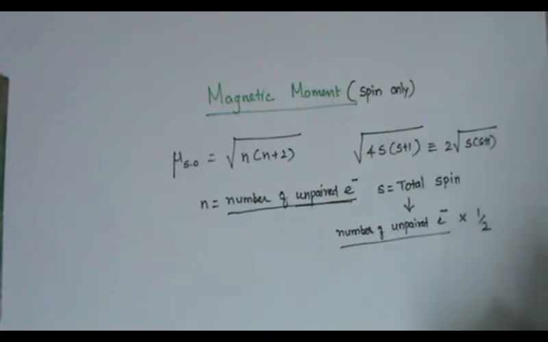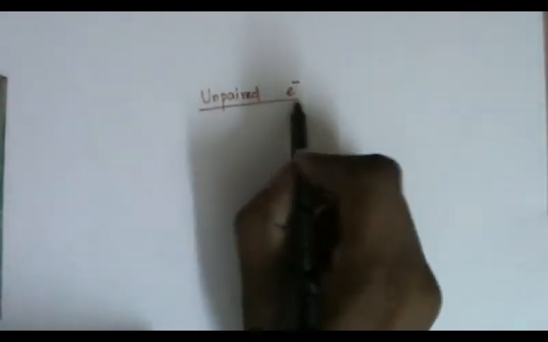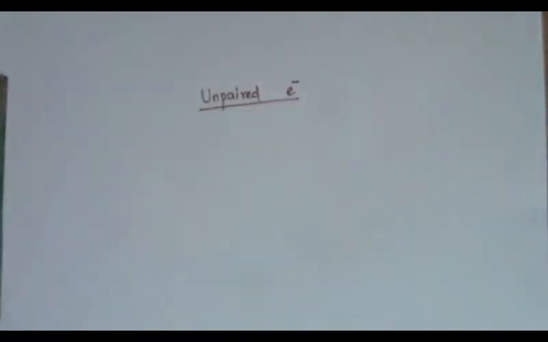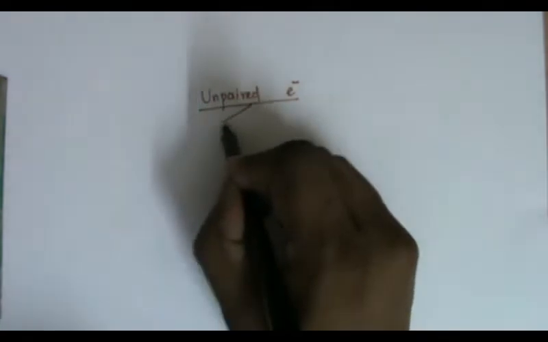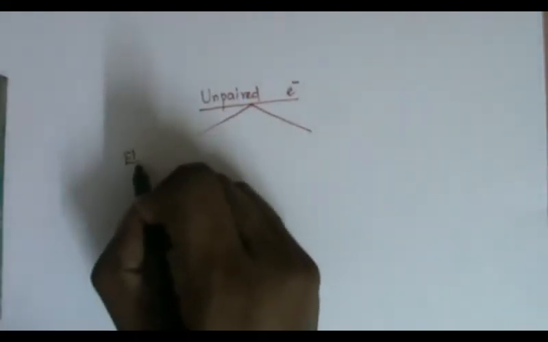How to find out the number of unpaired electrons in a complex? This is somewhat difficult, but if you practice, you will get this very easily. In order to find out the unpaired electrons, first you should know the electronic configuration.